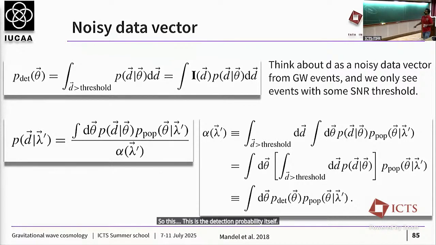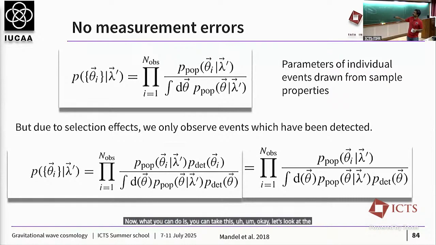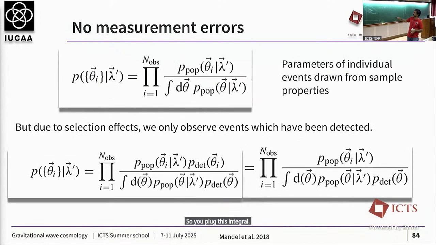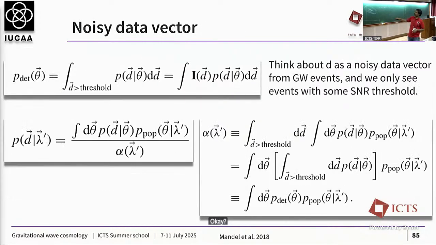Now let's look at the denominator here. You have the p det of theta, so you plug this integral inside here. That is this dd, which is here.